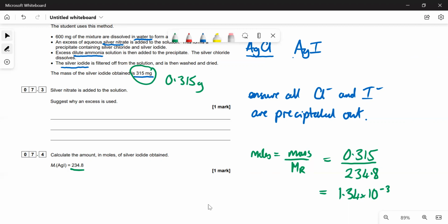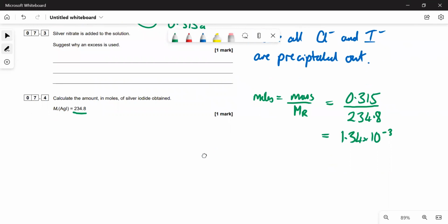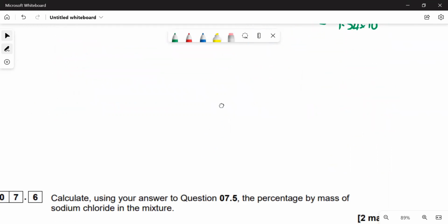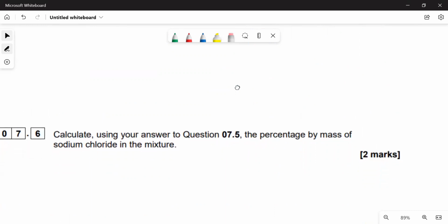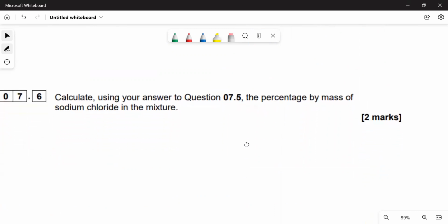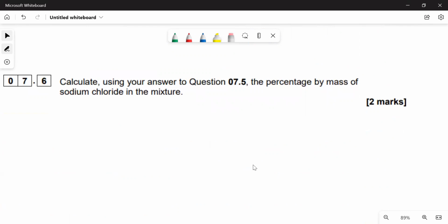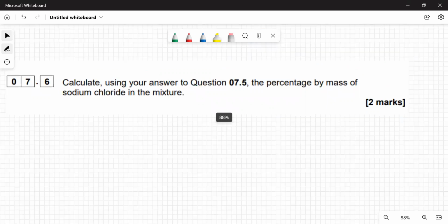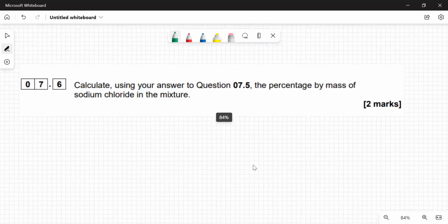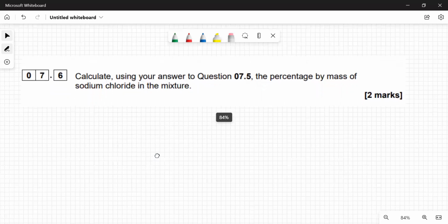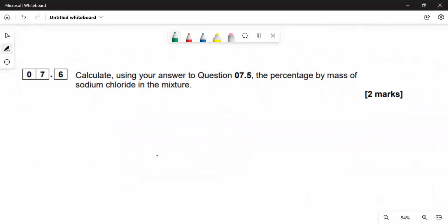All right, the next part, we're going to use that in the next bit. Right, it says now we've got to use that to work out the percentage by mass of sodium chloride in the mixture. They tell us the Mr. So right, 1 mole of silver iodide came from 1 mole of sodium iodide.